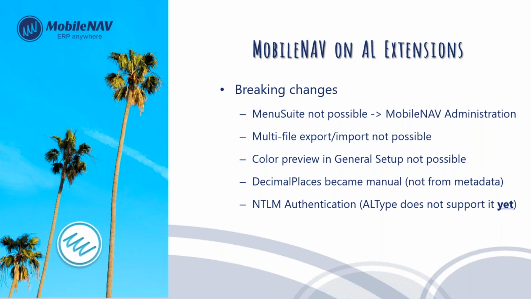There were some function buttons in MobileNAV add-on which allow you to export or import multiple files at once. That's not possible with AL, so those won't be available. For example, you could export all the JavaScript codes as one function button, or you could export all the configuration images, and those are at the moment not available.